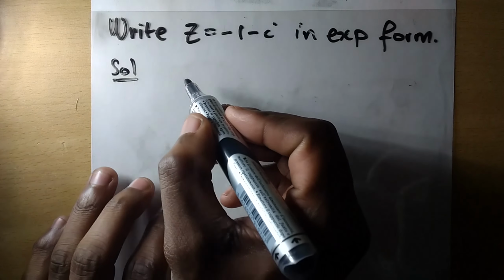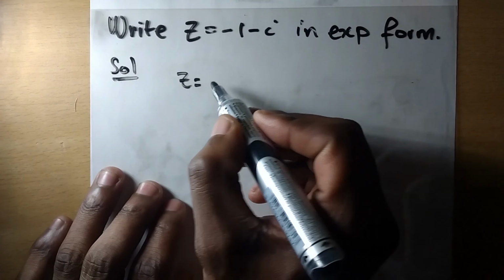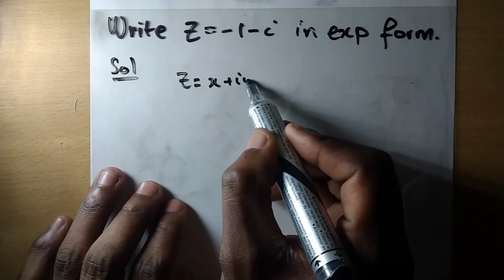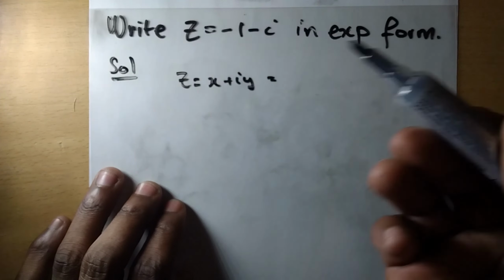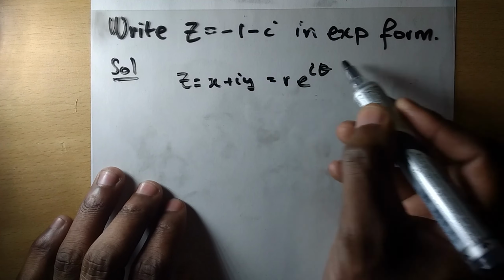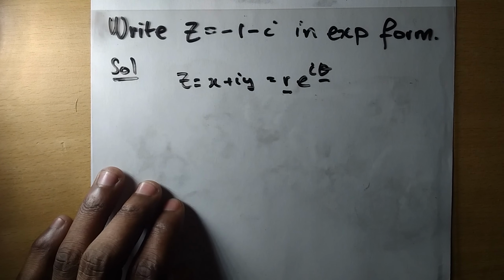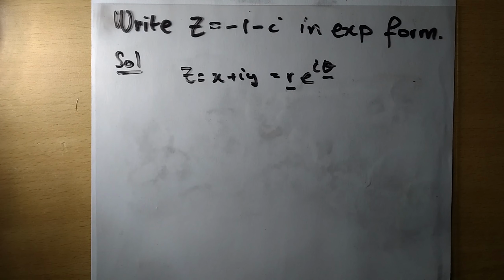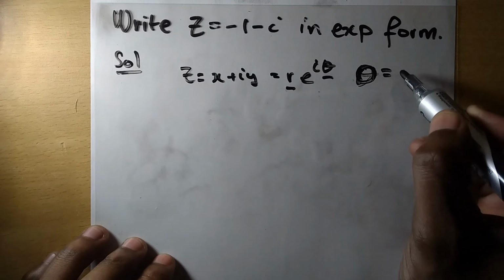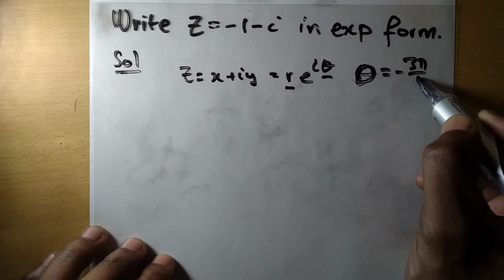Remember that our complex number in rectangular form is just given by x plus iy, which in exponential form is going to be given by r e to the i theta, where r and theta are the unknowns. But if you can remember well, the principal argument that we were given in the previous question, capital theta, is equal to negative 3 pi over 4.